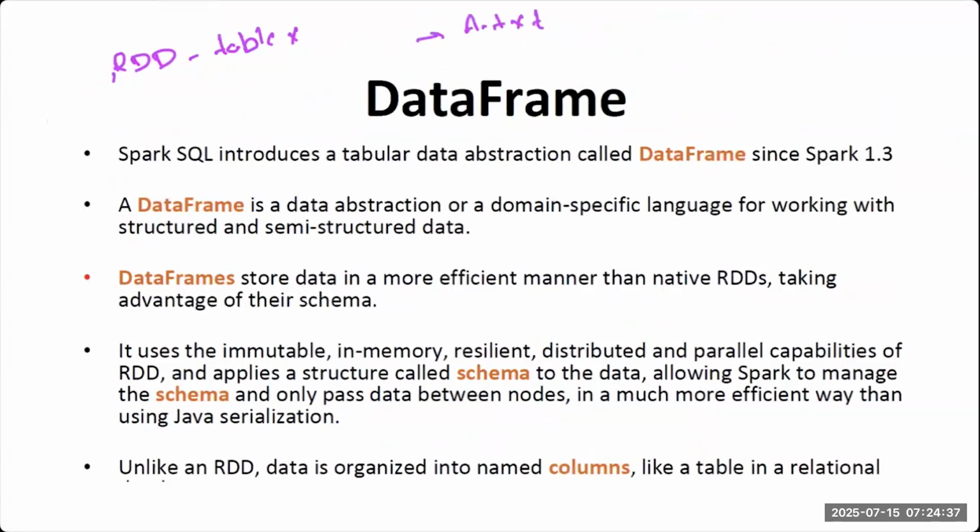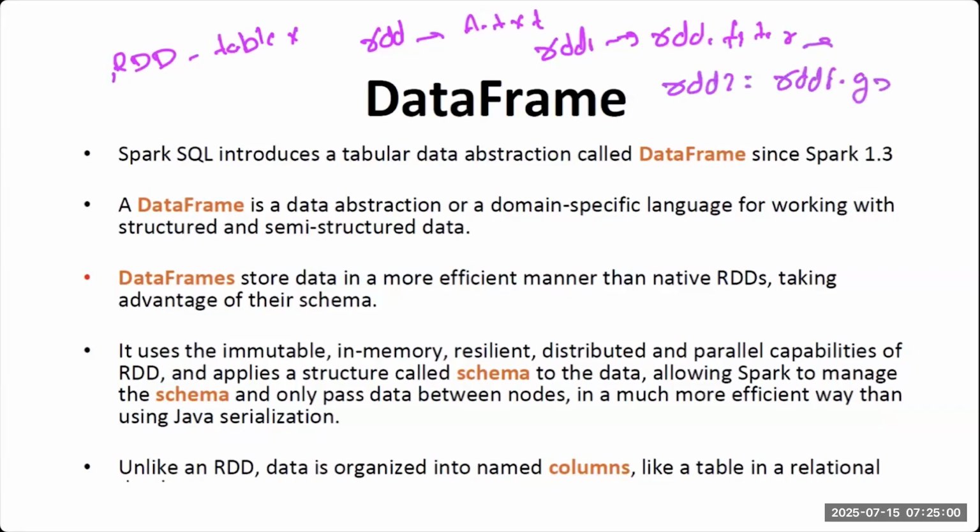You will read it into one RDD, and after that on this RDD you will implement other transformations, like filter and so on. You write something like RDD2 equal to RDD1 dot group by. You cannot write SQL on an RDD, but on the data frame you can write SQL.